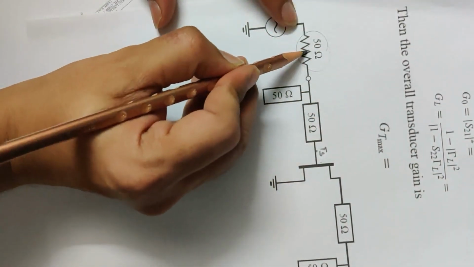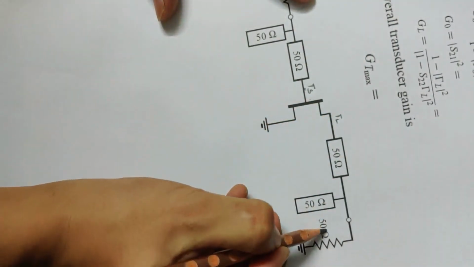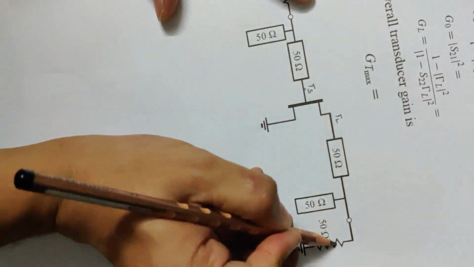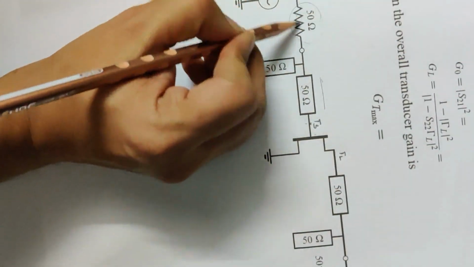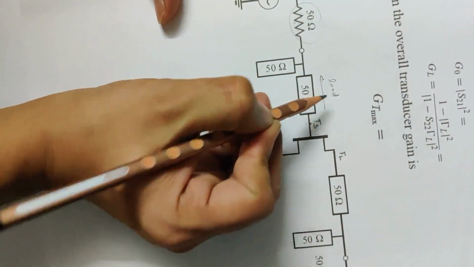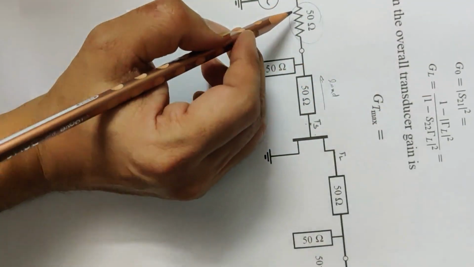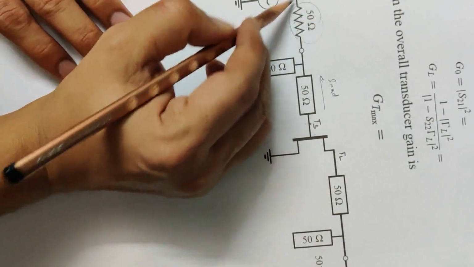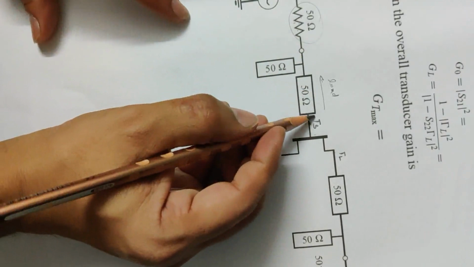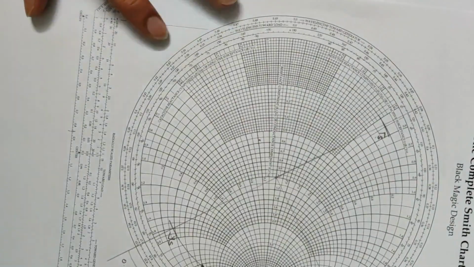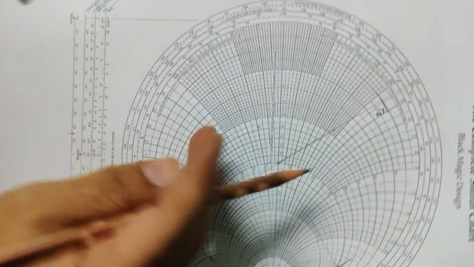This 50 ohm acts as a load for gamma S. Here it is gamma L. This 50 ohm acts as a load for this gamma L. Now when one has to match this gamma S with this 50 ohm, this acts as a load, so we are moving towards load only. Though in the diagram it is seen that we are moving towards source, no, it is the load resistance, so we are moving towards load. So wavelength towards load means you are moving in anti-clockwise direction.